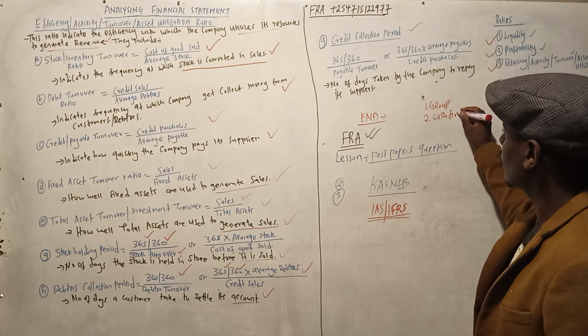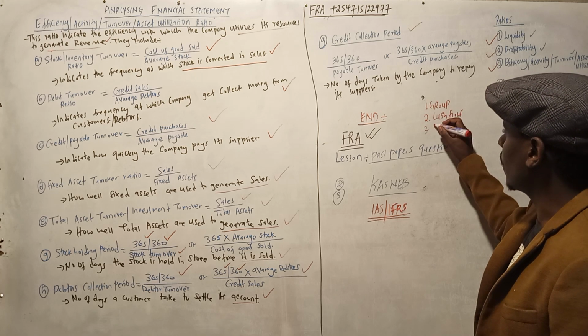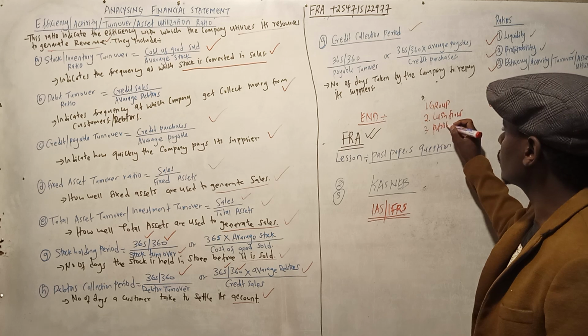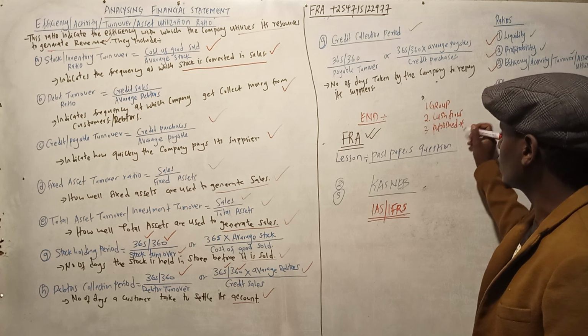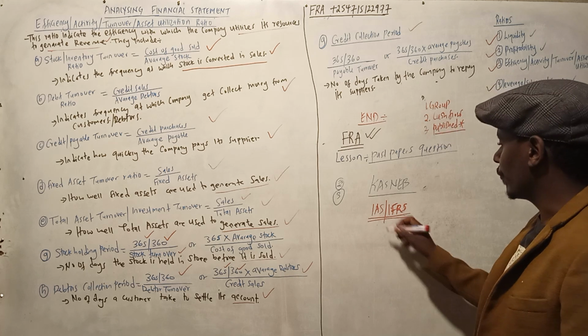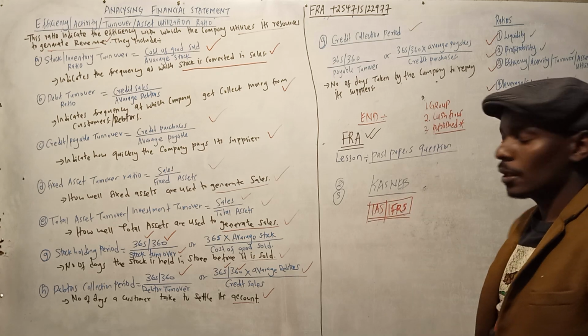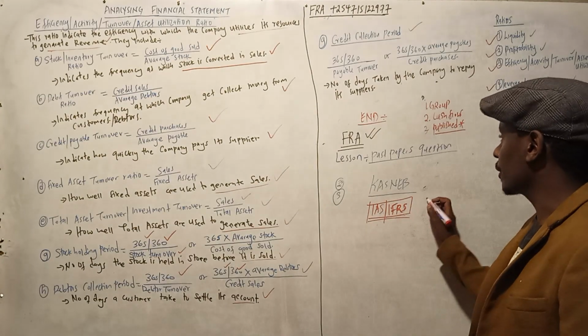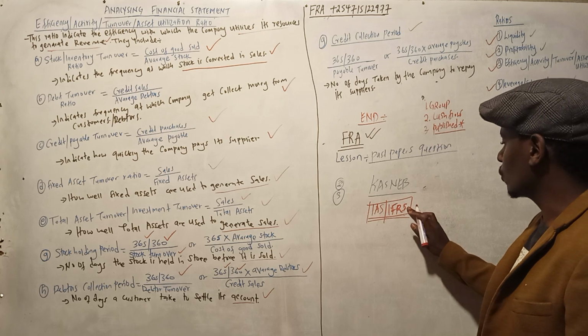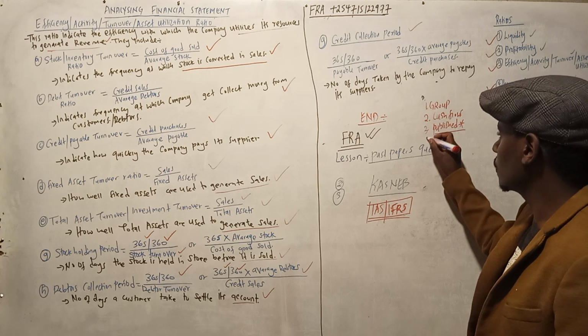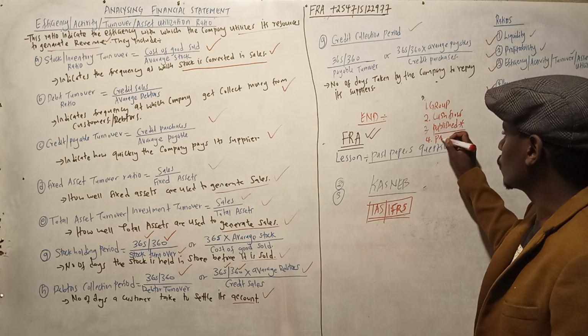I'm supposed to do published statements, but I won't be able to do that if I haven't covered the International Accounting Standards and IFRS. Once I'm finished with this, then I will come to published statements, then partnership.